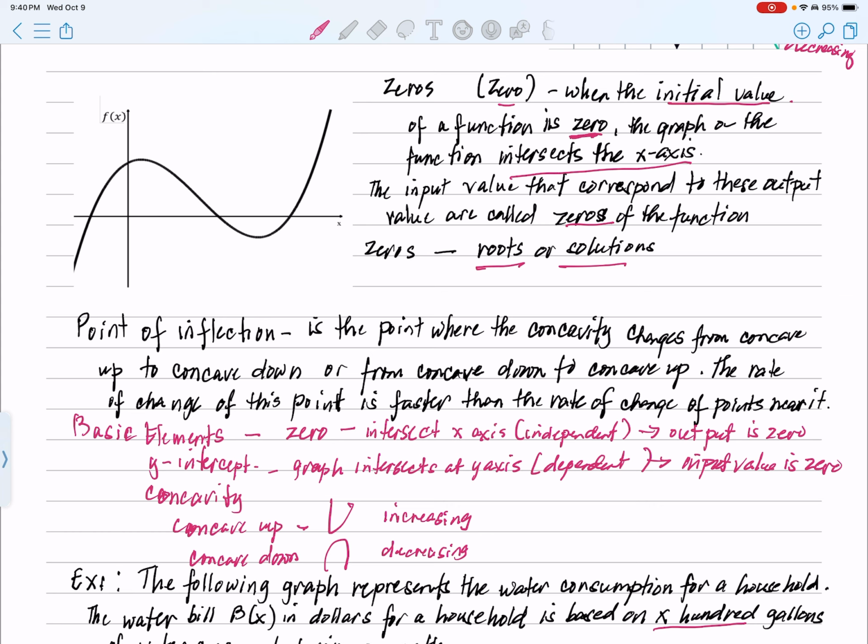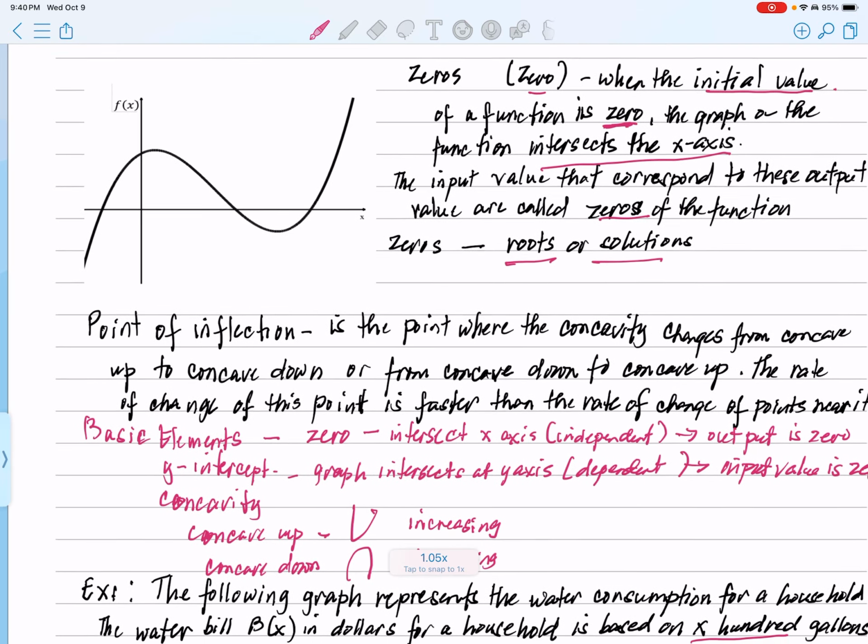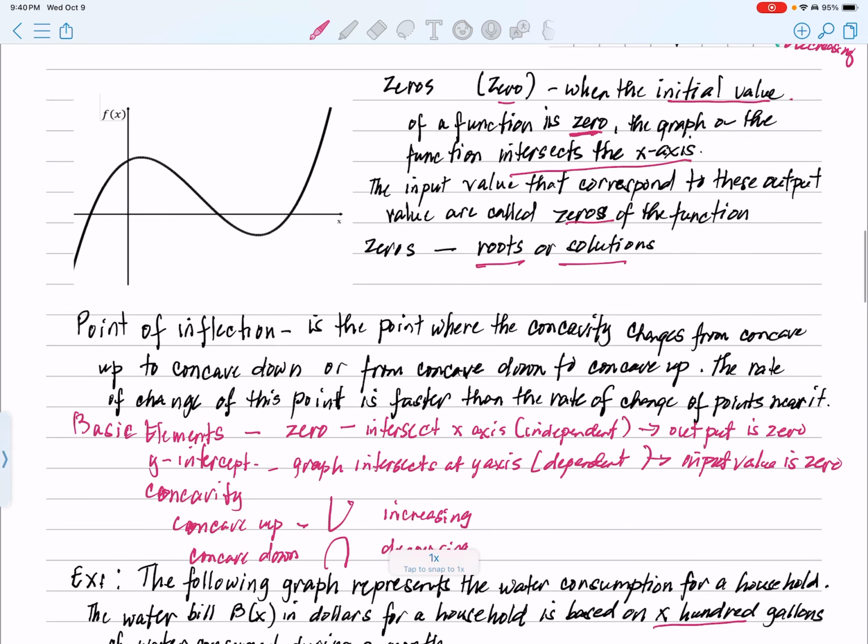All right. Let's locate the elements that we are looking for in this graph. Okay. We have the point of inflection, or what we call inflection point. That is the point where the concavity changes from concave up to concave down, or concave down to concave up.